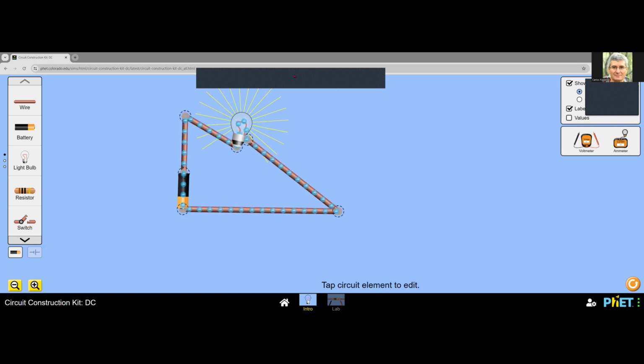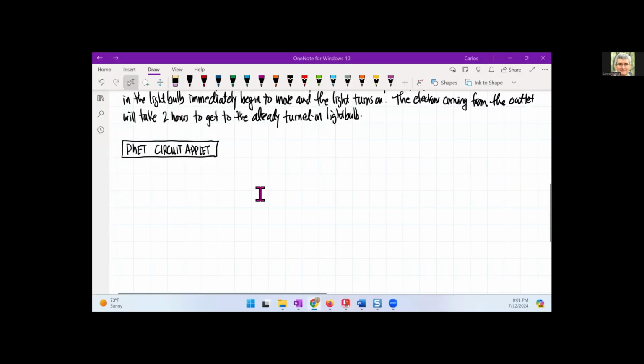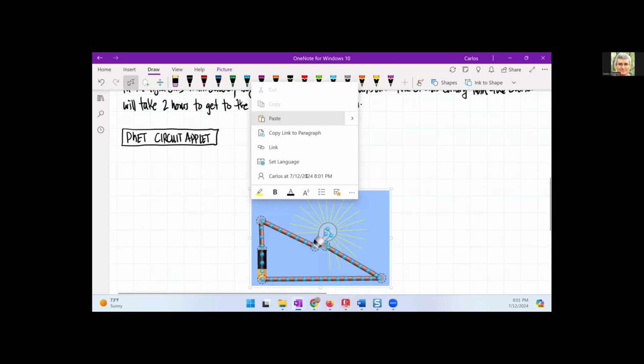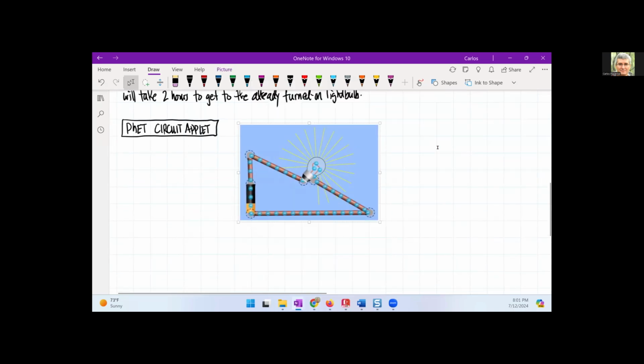So if I now go and I share something differently, here's my image here. Okay, I just took a screenshot. And so when you look at the screenshot, here's what we're looking at. The charges that are moving here, right? They're moving at the drift speed of about 1/10 of a millimeter per second.